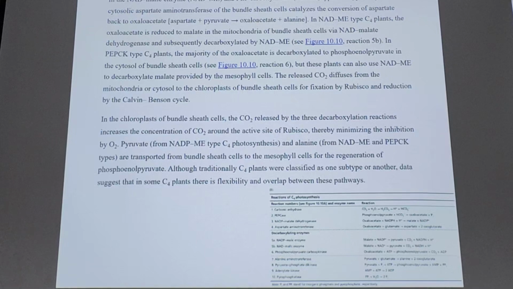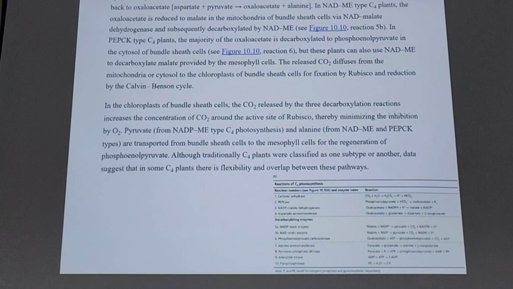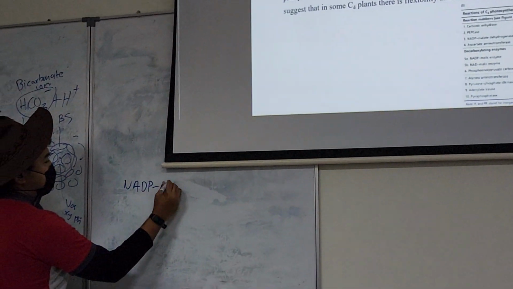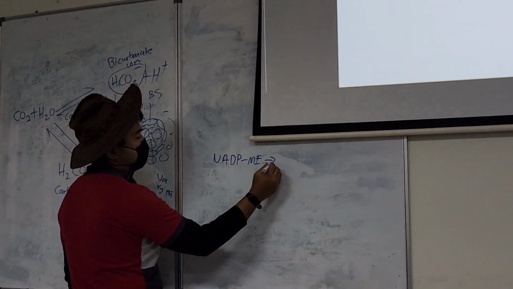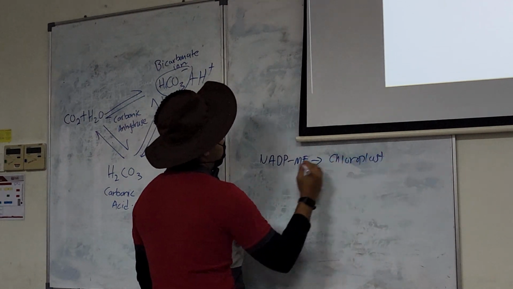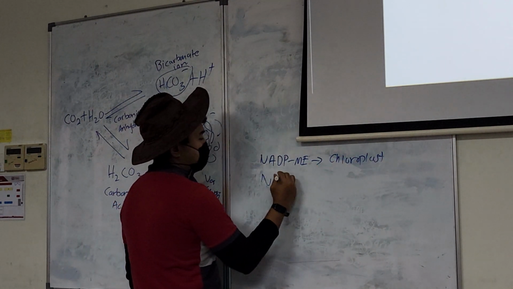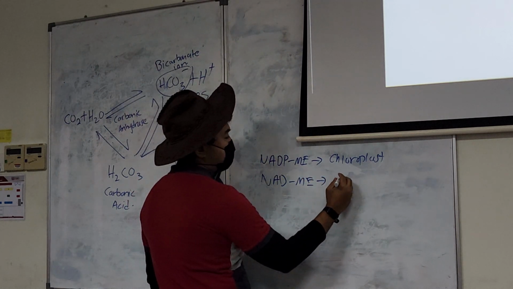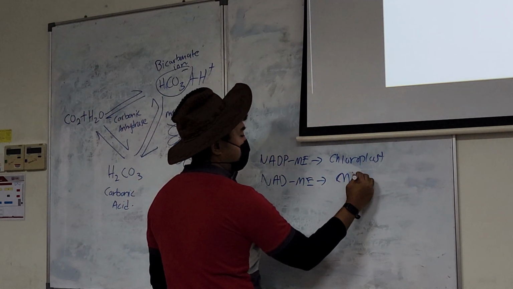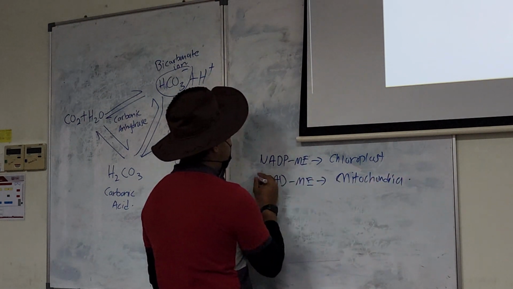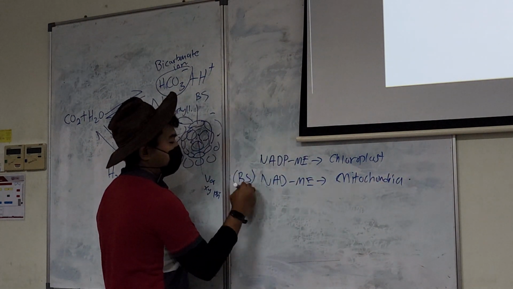You see, this NADP malic enzyme actually happens in the chloroplast. This NAD malic enzyme happens in the mitochondria. We're talking about the bundle sheath, okay? It's still in the bundle sheath cell.